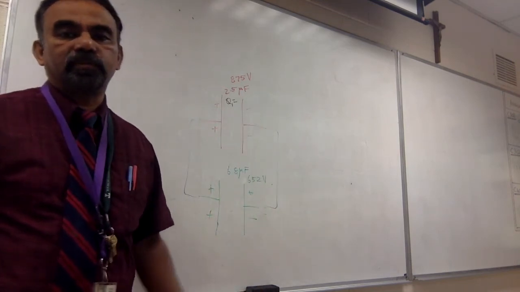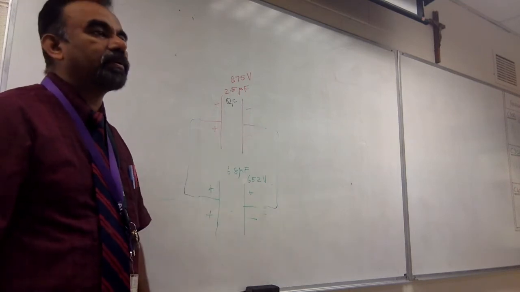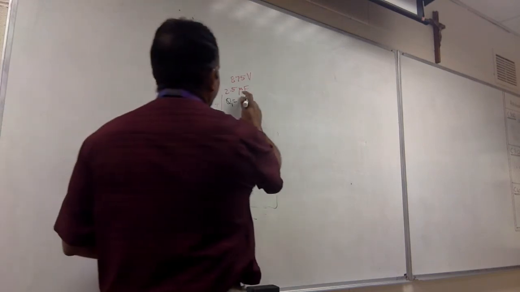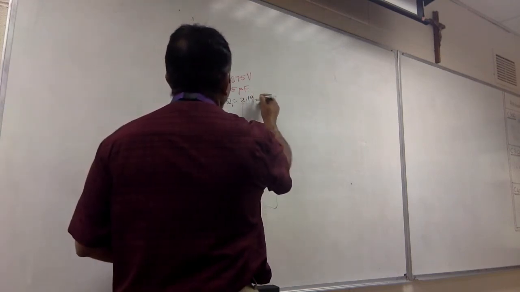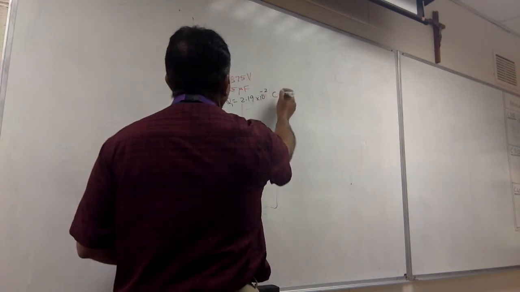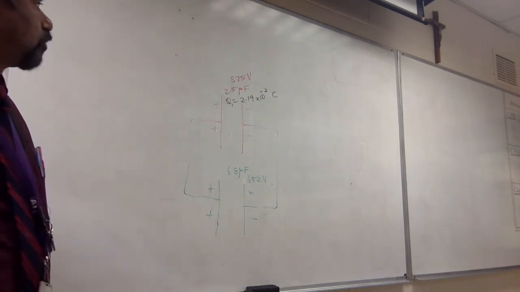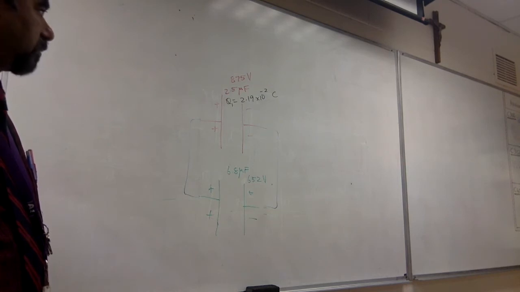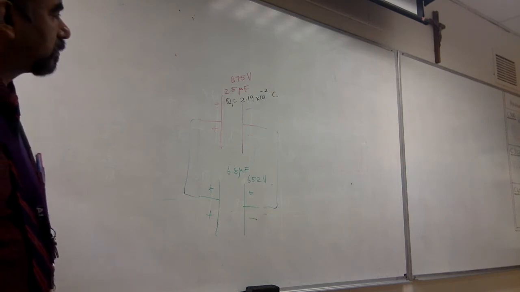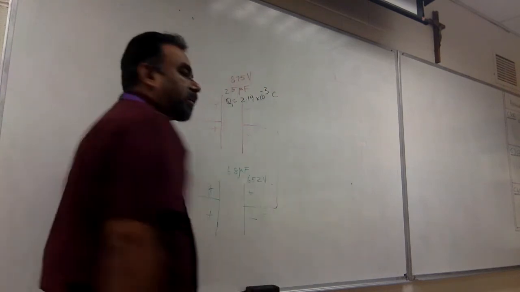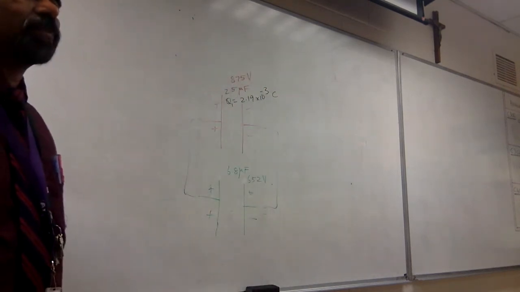What's the charge on the first plate? 2.19 times 10 to the power of minus 3 coulombs. Okay, alright. So 2.19 times 10 to the power of negative 3 coulombs.